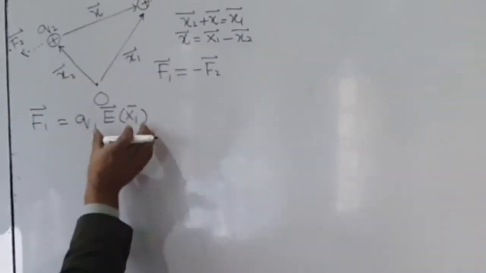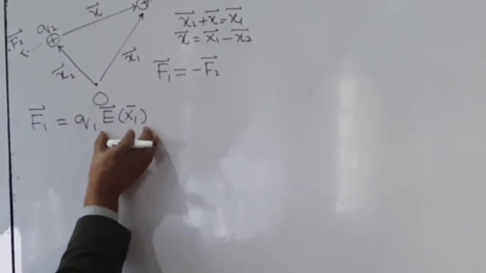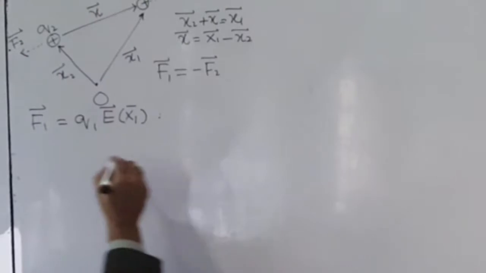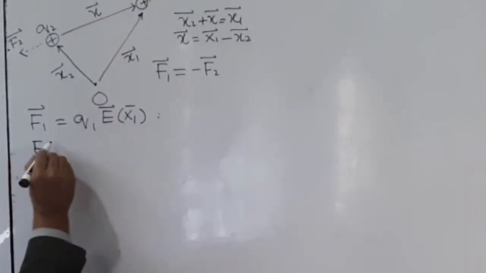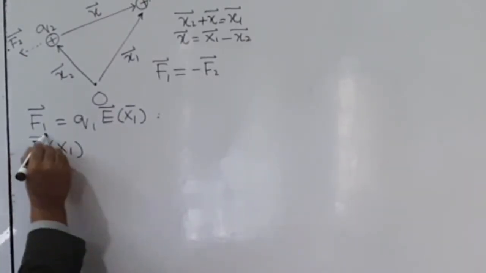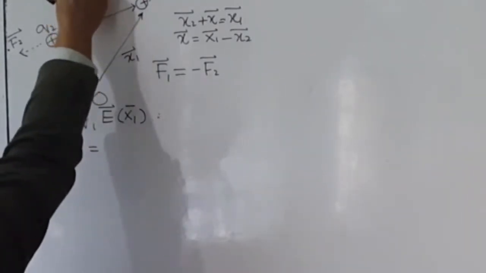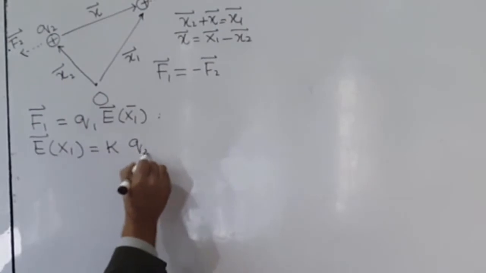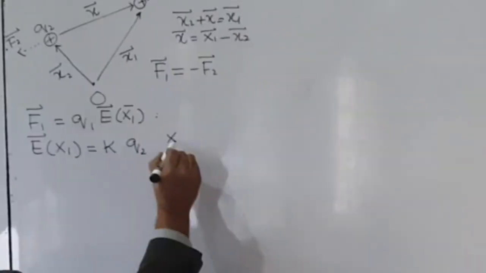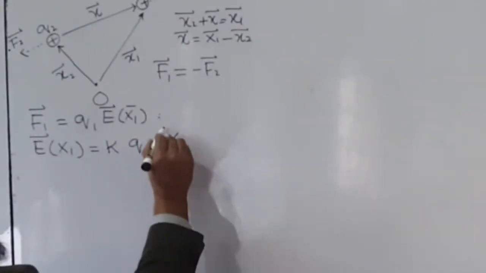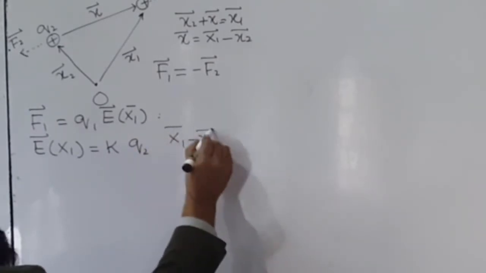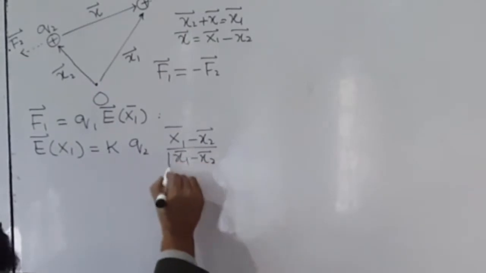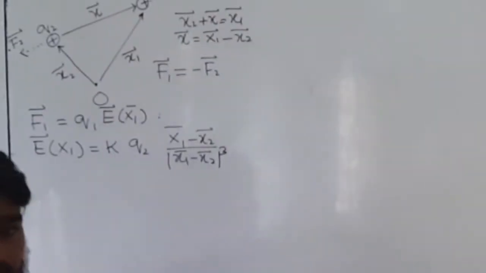I define another thing, which is E(x1), and from the above relation, just don't write Q1 in it. So it is k Q2 (x1 minus x2) divided by |x1 minus x2| whole cube.